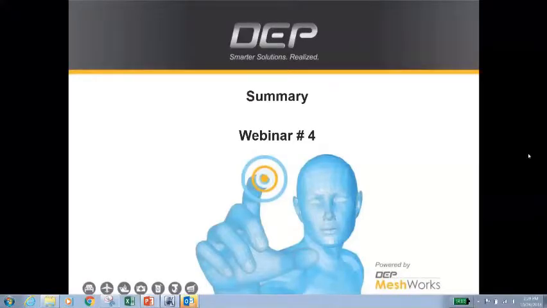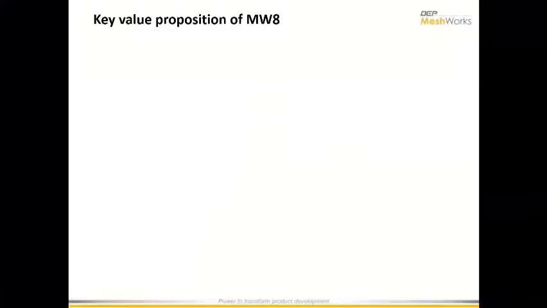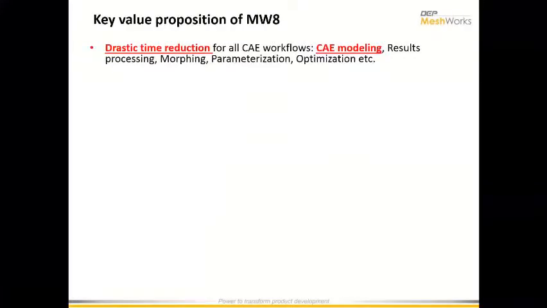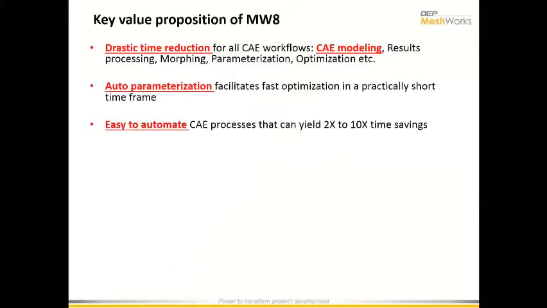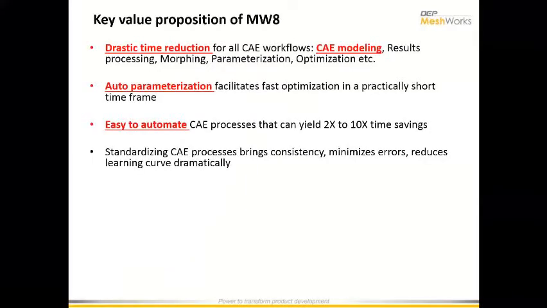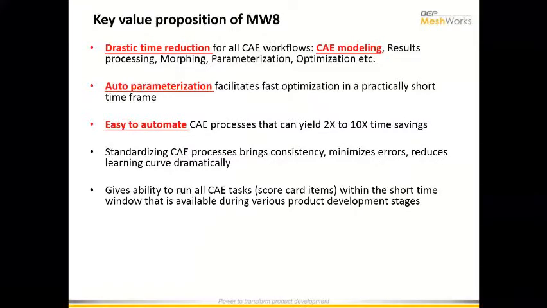Okay, so here we're going to quickly summarize all the things that we showed you today. Here we want to talk about a couple of key propositions in regards to MeshWorks. The first thing is we can show you how we can drastically reduce time for all your CAE models and workflows. We showed you how the auto parameterization works and how this is also a huge benefit in helping you reduce your time in coming up with an optimized design.